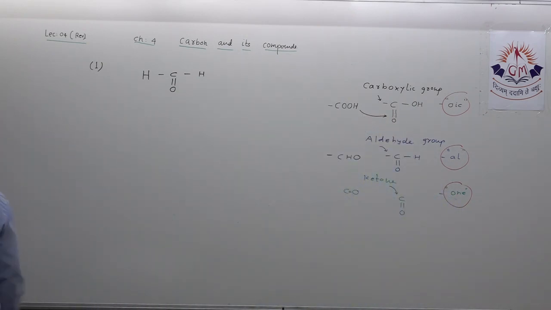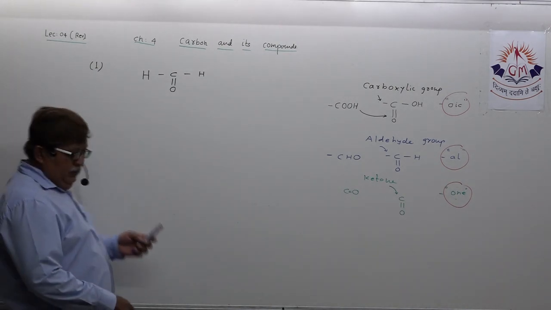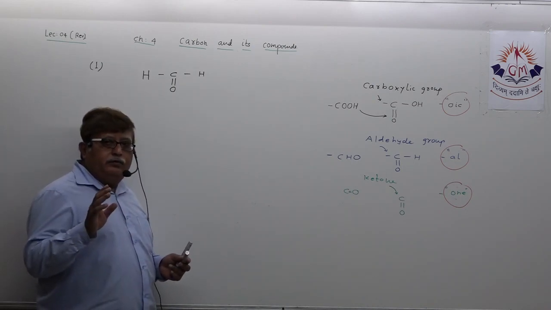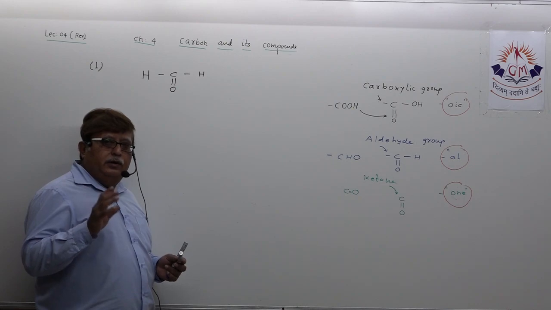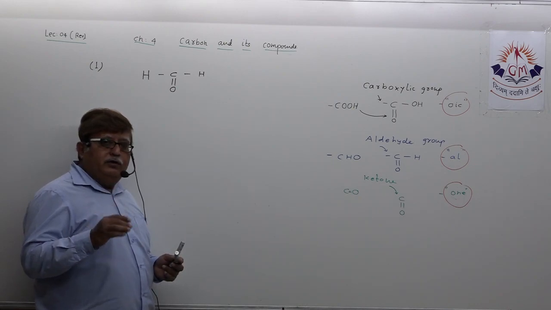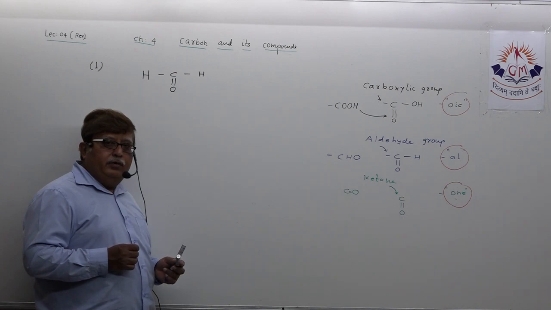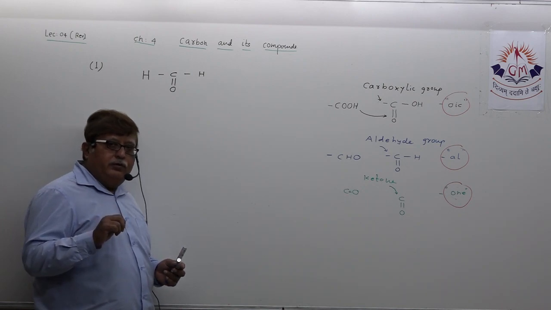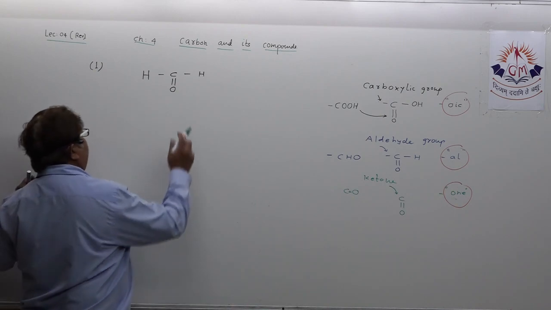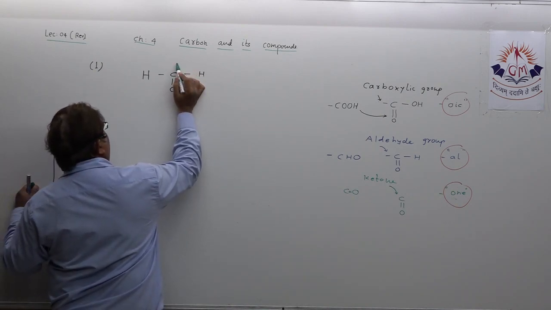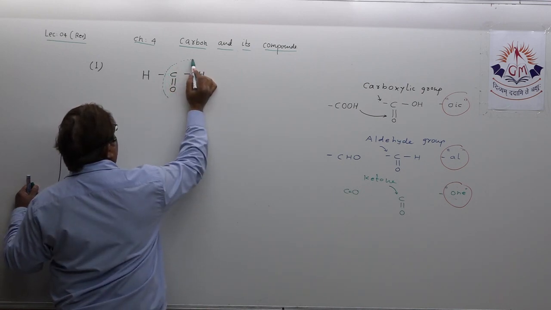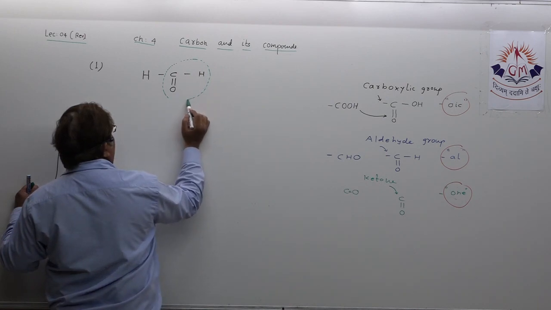See dear student, the basic thing is that any student who wants to master naming organic compounds must have a clear idea about the structure of the particular functional group. Here, if you don't have an idea about this structure, you cannot name this organic compound. Understood?